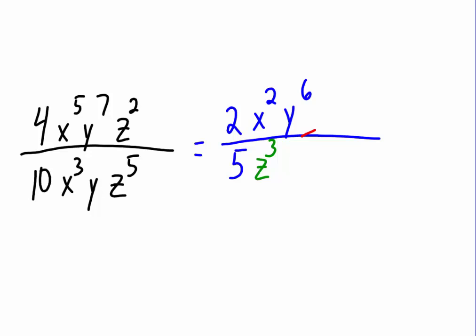Okay, let's try another one. I'm going to give a little bit more of a simple looking one, but again, it's going to use up a couple of different things. If I just have z to the 4th over z to the negative 3, there's actually two different ways that we can do this problem.